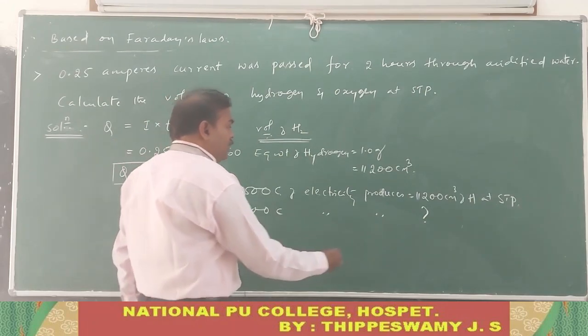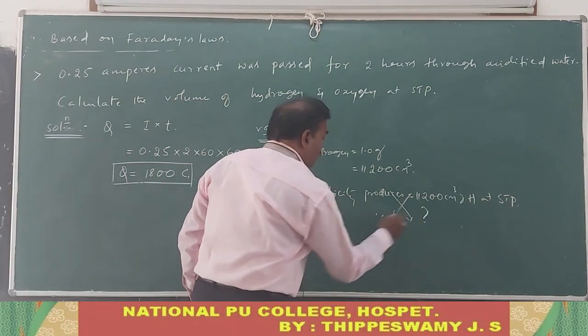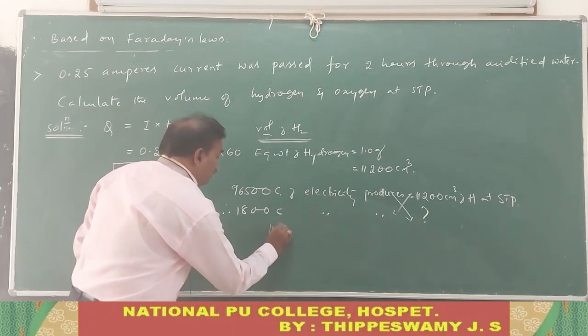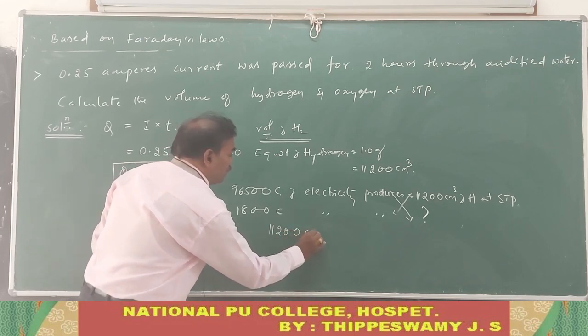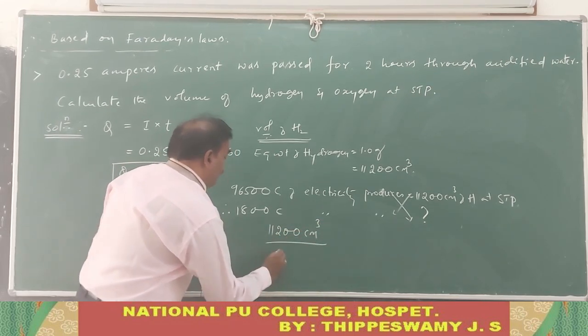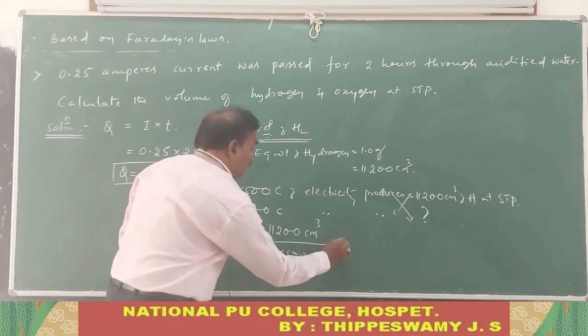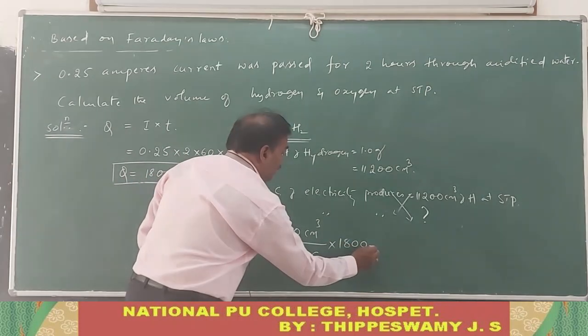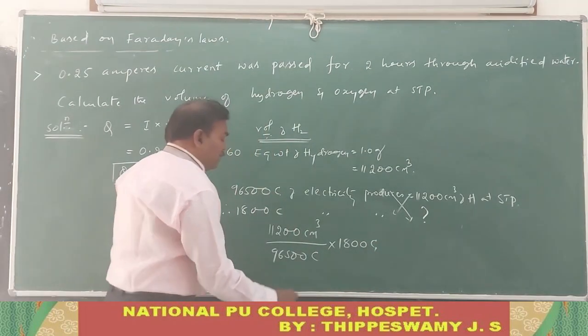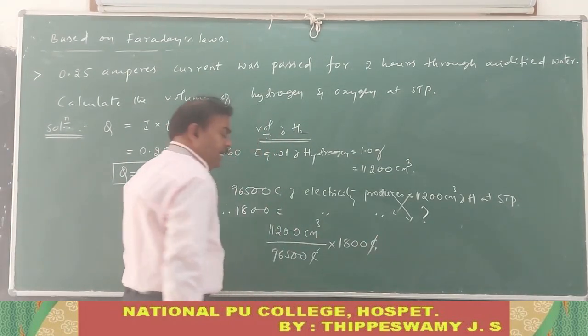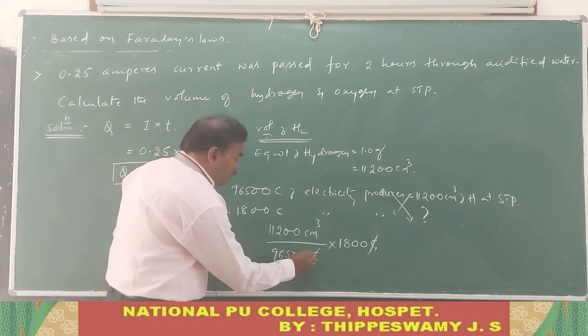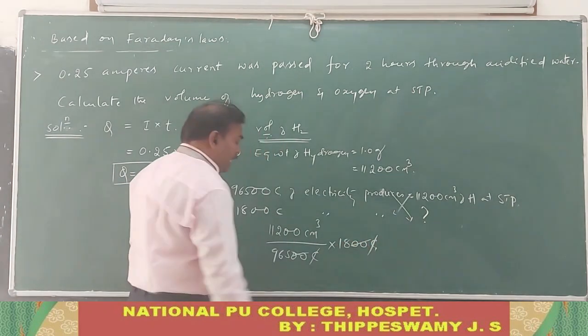Now we take the cross multiplication in this manner. What do you get? 11,200 cm cube divided by 96,500 coulomb into 1800 coulomb. Coulomb and coulomb get cancelled. Two zeros here and two zeros here also get cancelled.